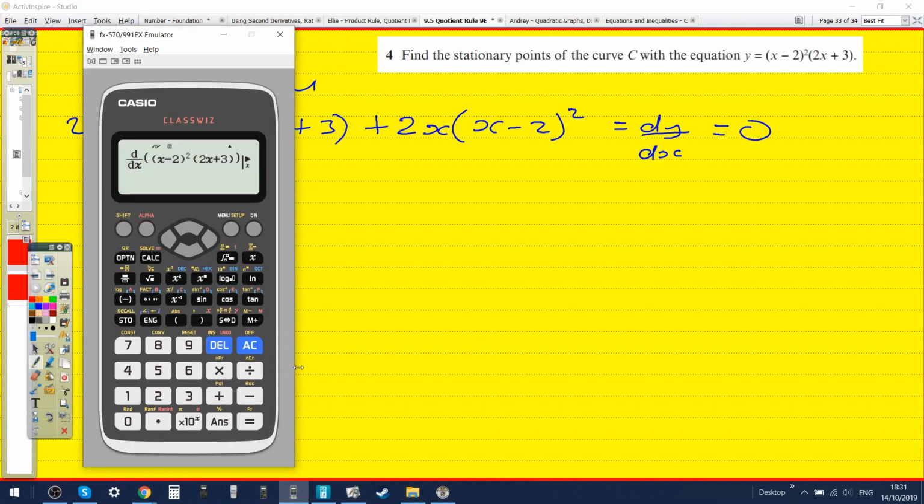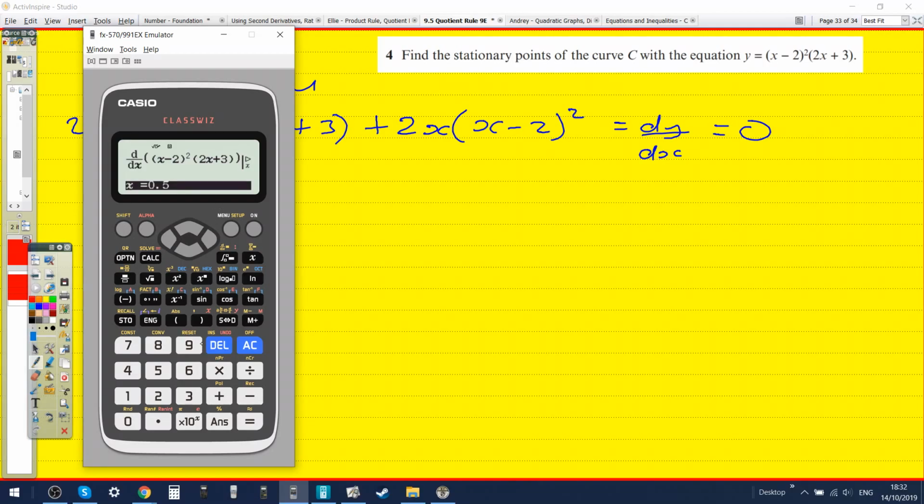So two things. One, I will use my calculator for pure magic. I've just put in the question, x minus 2 squared times x plus 3. You know how you sub something in for x? Well, in this case, I am subbing in x itself, and that's basically equal to 0 by default.